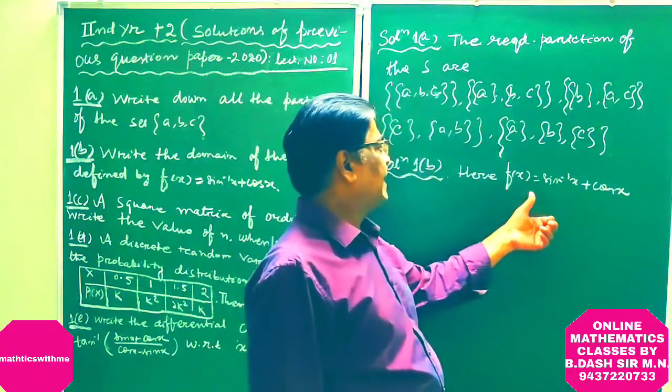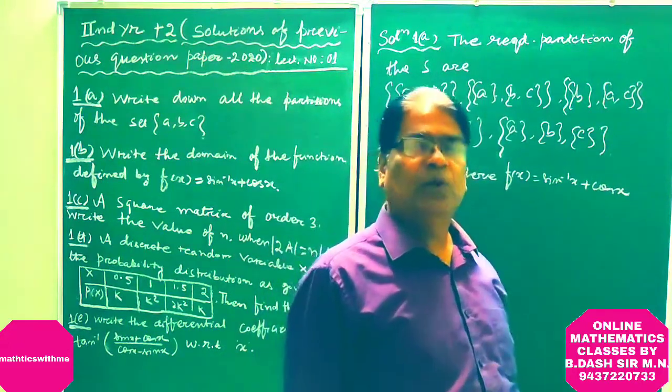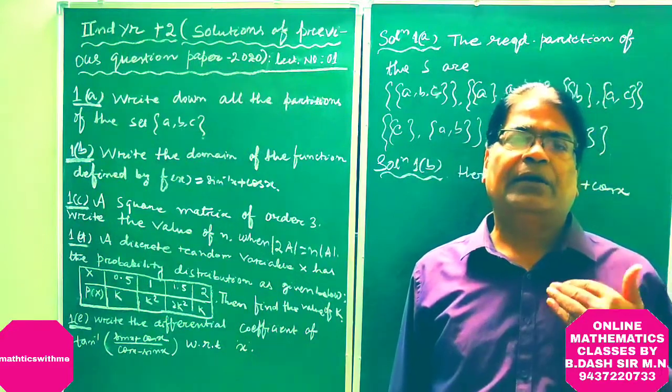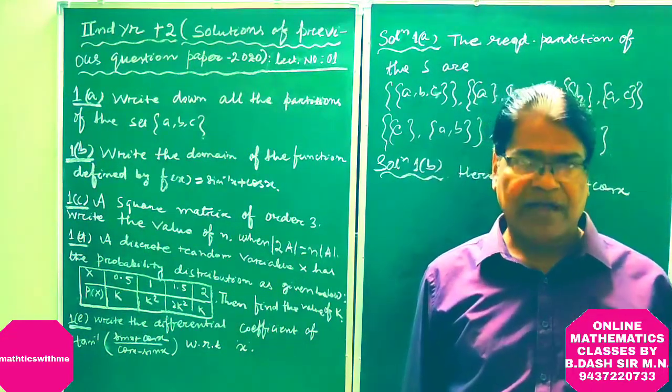Here f(x) is equal to sine inverse x plus cos x. The domain of a function f(x) is the set of values of x for which the function is defined.